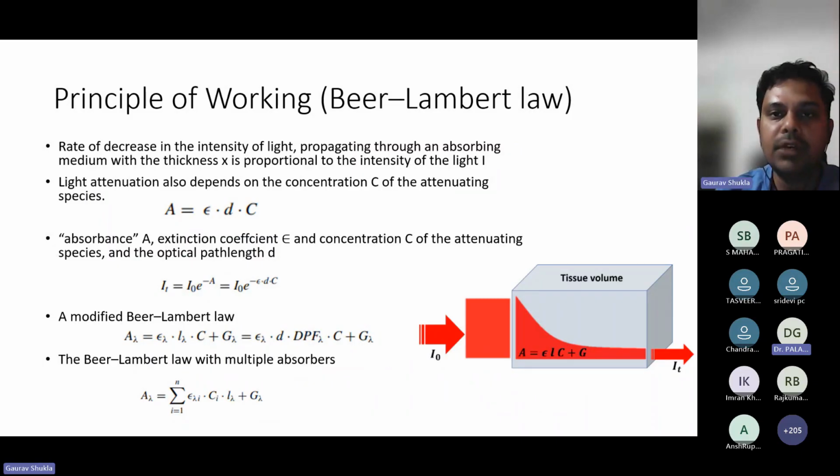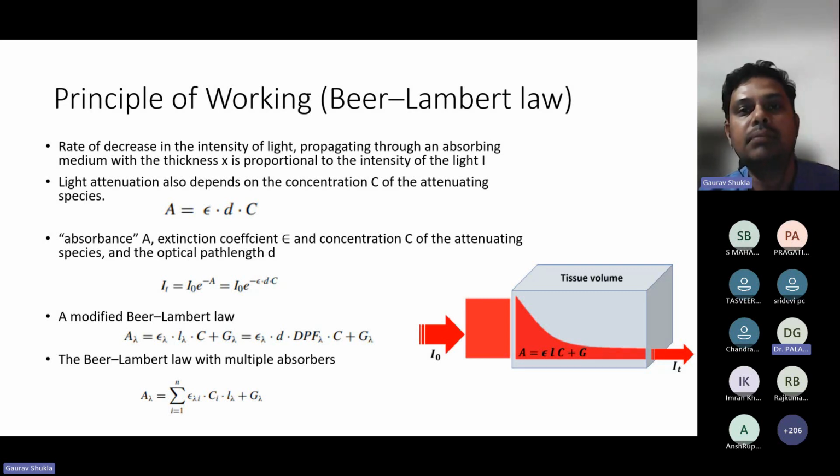Coming to the principle of working of PPG. The principle of working of PPG lies with the Beer-Lambert law. It's a very old method of getting light responses passing through a medium. What this law says is that the rate of decrease in the intensity of light propagating through an absorbing medium with thickness, let's say, X, is proportional to the intensity of the light.